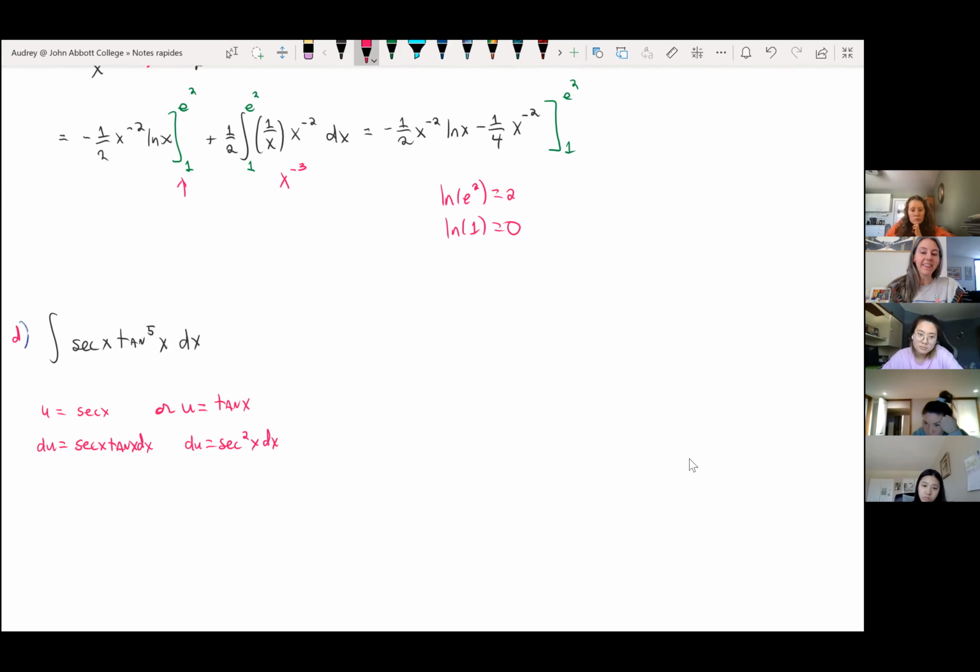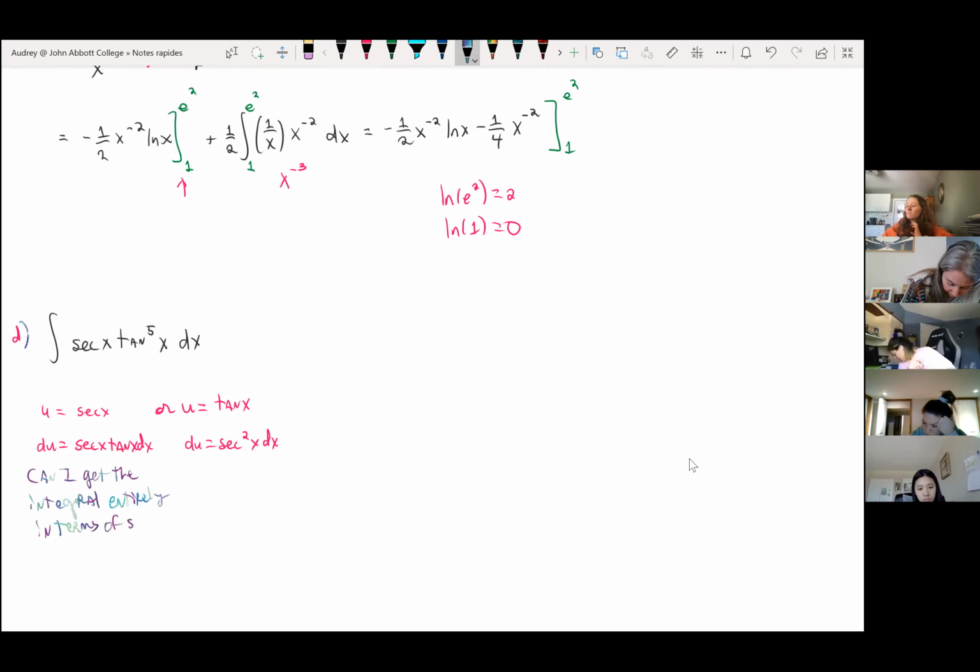In other words, can I get the integral entirely in terms of secant with a secant tangent left over? Or over here, can I get the integral entirely in terms of tangent with one secant squared left over?